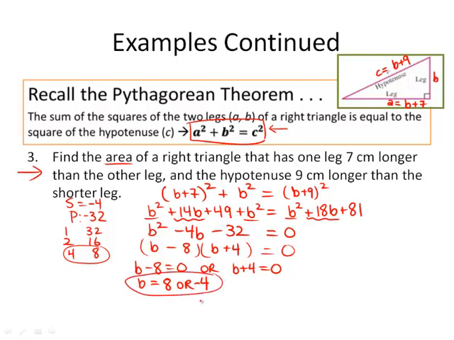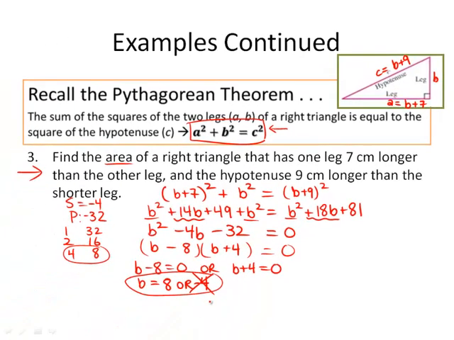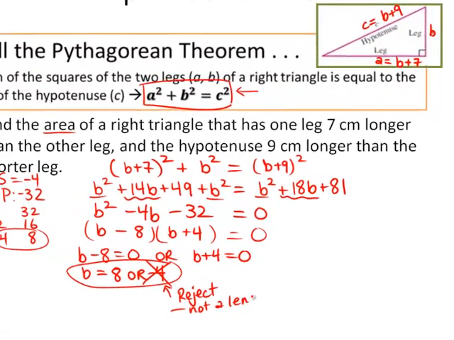Now, can it be 8 and can it be negative 4? It could potentially be 8. That would give us 8 and 15 and 17. But negative 4 wouldn't work because negative 4 is not a length. So you reject the negative 4 because it's not a length.